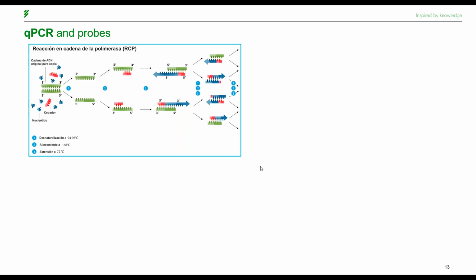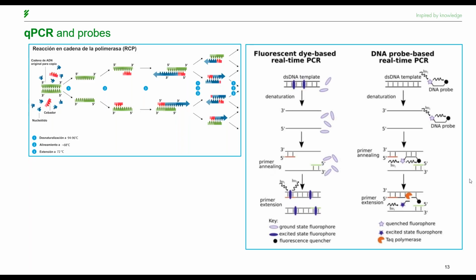Each PCR cycle has different temperatures and stages. First, it's the denaturation step, which is the separation of the strands. Then the annealing stage, where primers and polymerases incorporate to elongate the target strand in the extension step.